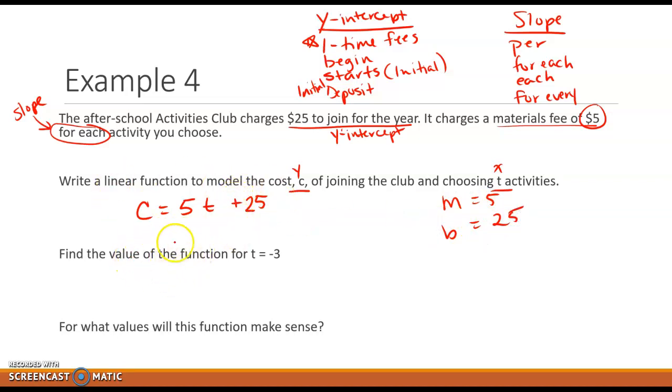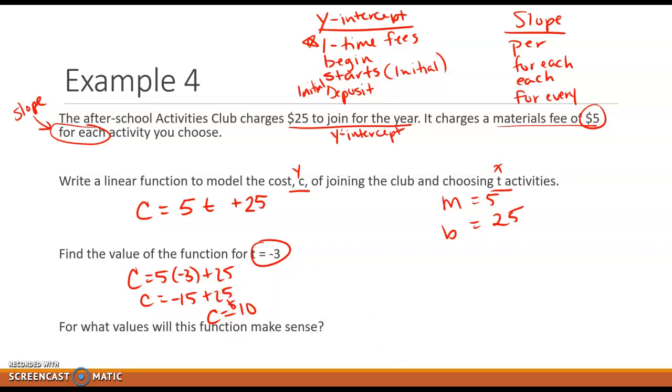Now it says find the value of the function for t equals -3. So here we have c equals 5 times -3 plus 25. And so c would equal -15 plus 25. So c equals 10.